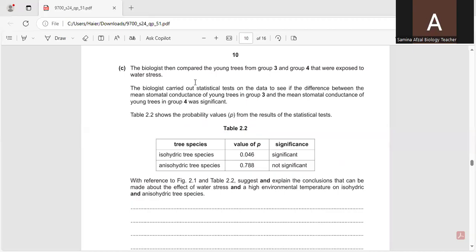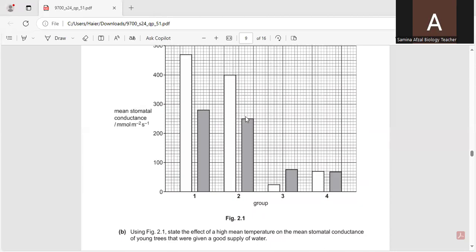You can see over there group 3 and group 4, the water conductance. In group 3 the water conductance is very low, and in the water stress plant it is very low, whereas in the anisohydric plant it remains the same in both group 3 and group 4, but there is a little bit of increase or decrease in the values.